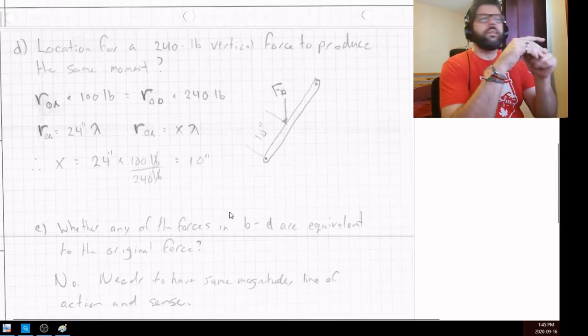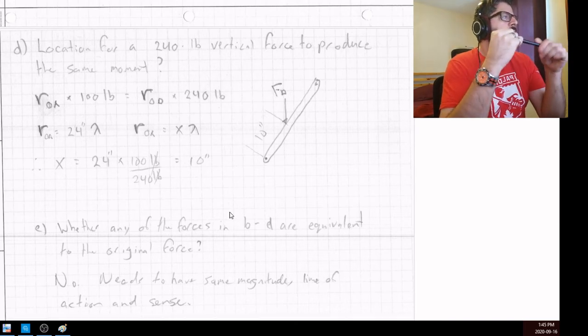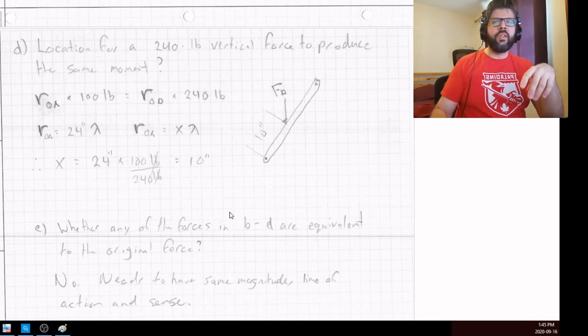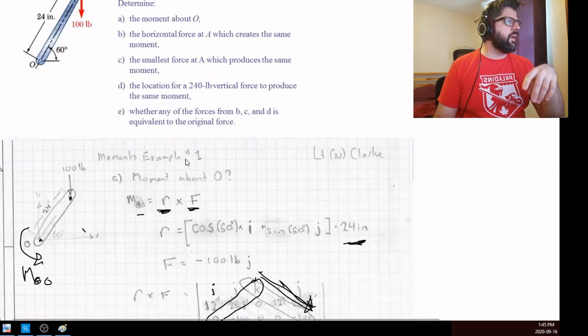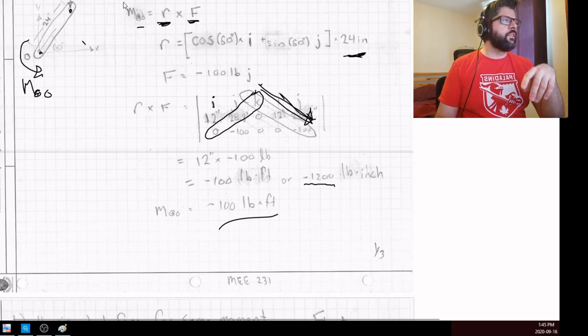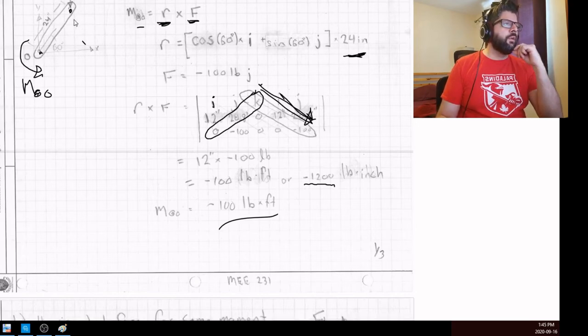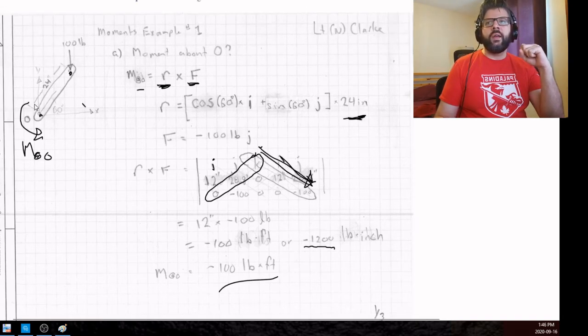Next thing we're looking at, the location for a 240 pound vertical force to produce the same moment. Now, if we hearken back to the first question, we found out what the moment caused by the 100-pound force is at this displacement here.